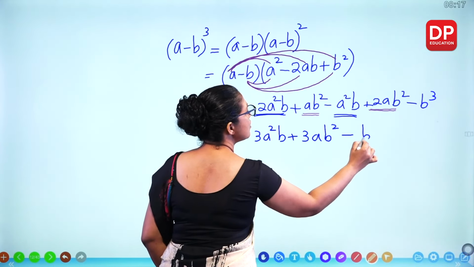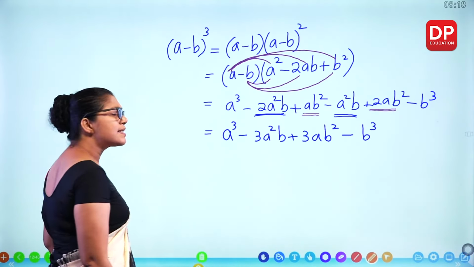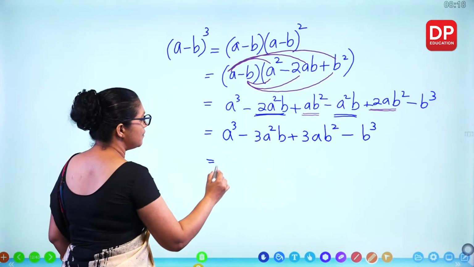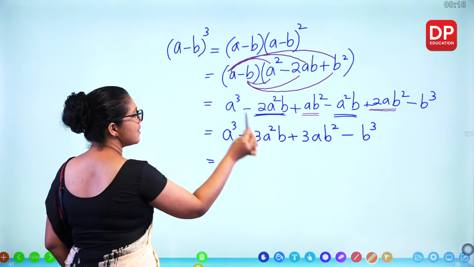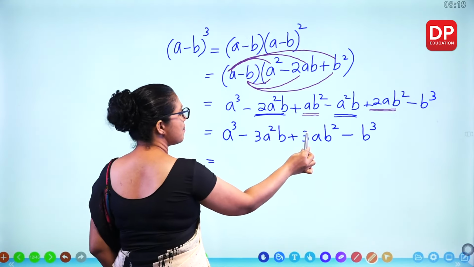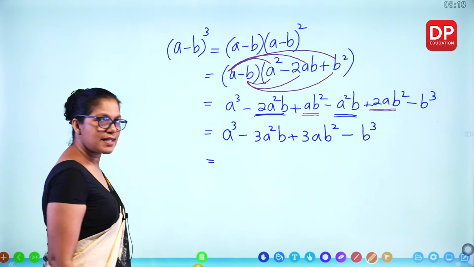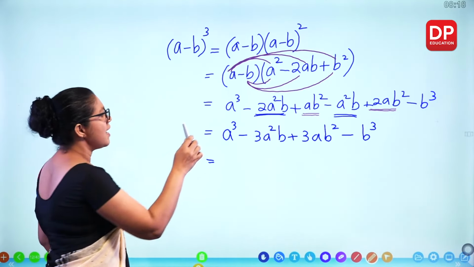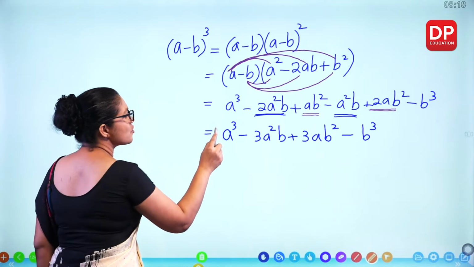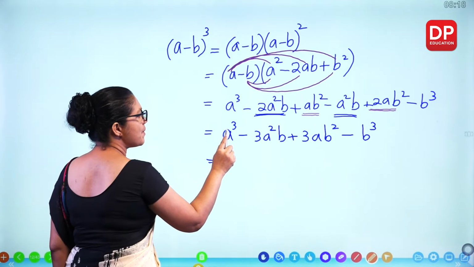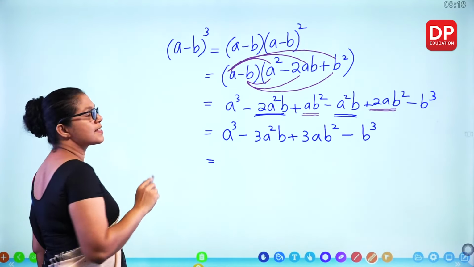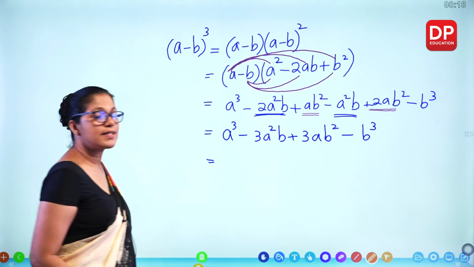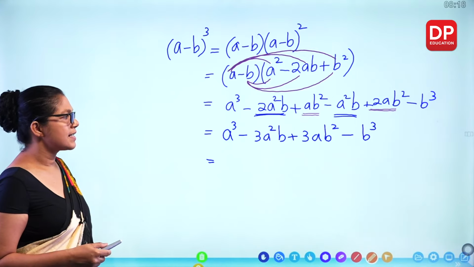And the last one, you get minus. So what's the pattern you observe here? We observe first term positive, second term negative, third term positive, fourth term negative. So the sign changes every other term. So here, remember that first term, starting with the first term positive, second term negative, third term positive, and fourth term again negative.